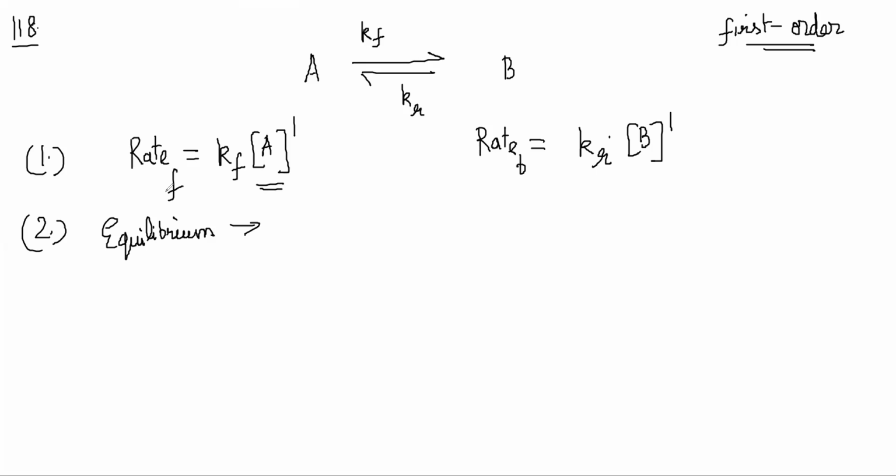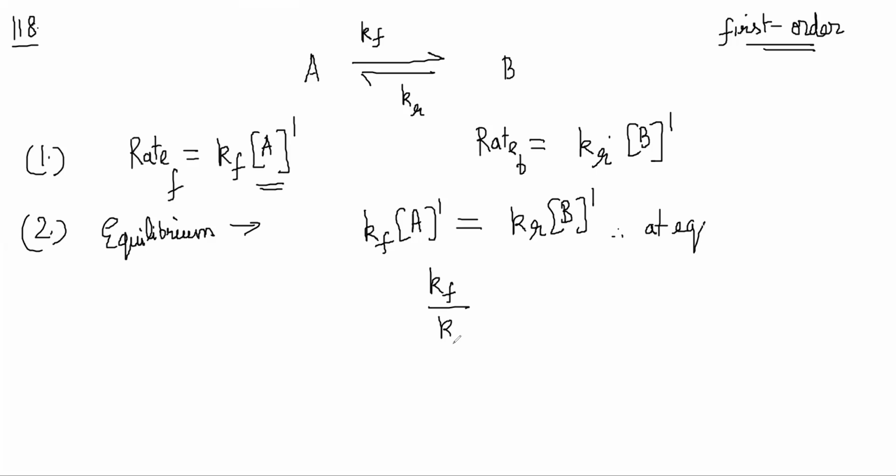And eventually these two rates will match at some level, right? So that will mean that Kf A power 1 will be equal to Kr B power 1, right? Therefore, at equilibrium, you will have Kf by Kr is equal to B by A, right? So this is a constant, right?